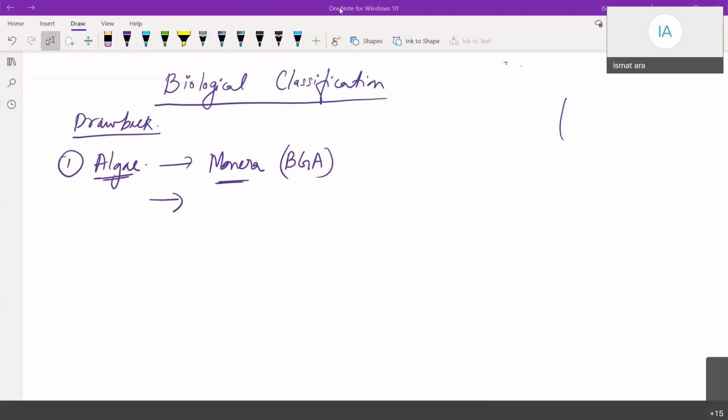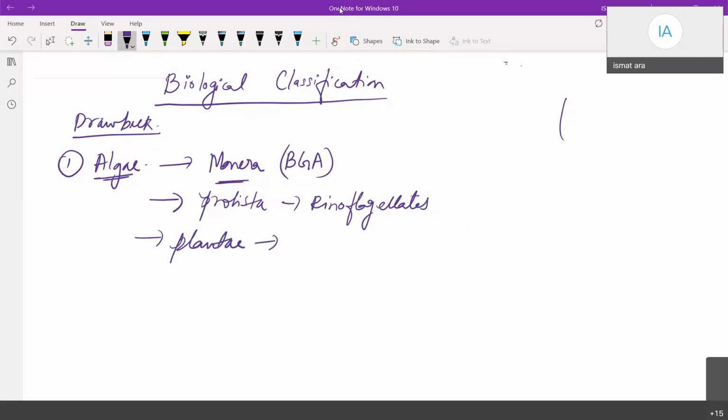Then in Protista, he has put dinoflagellates. And in kingdom Plantae, he has put green algae, red algae, and brown algae.